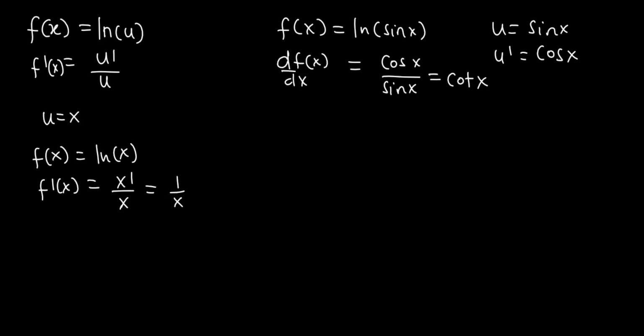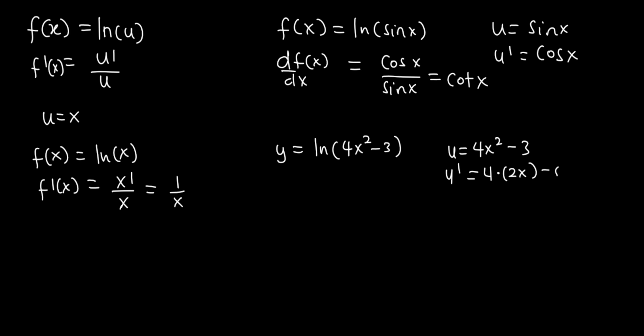Let's take another example. Let's say you have y equal to ln of 4x squared minus 3. Let's find the derivative of this function here. So we know u to be equal to 4x squared minus 3, and then we'll have to find u prime. So u prime will be equal to 4 multiplying 2x, minus 0.